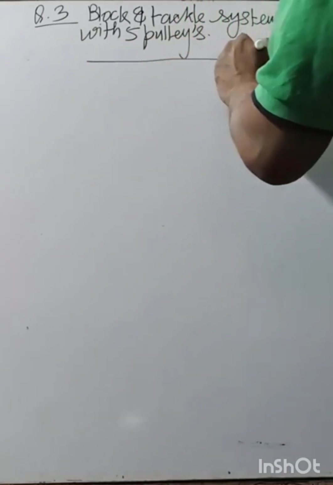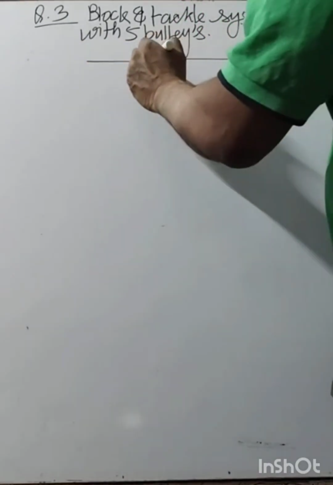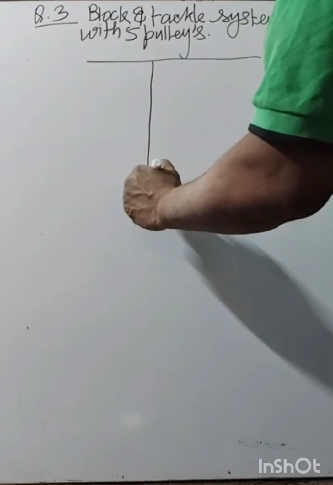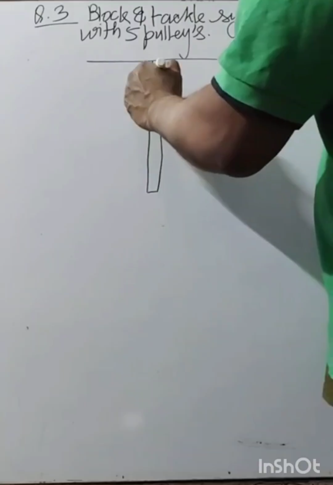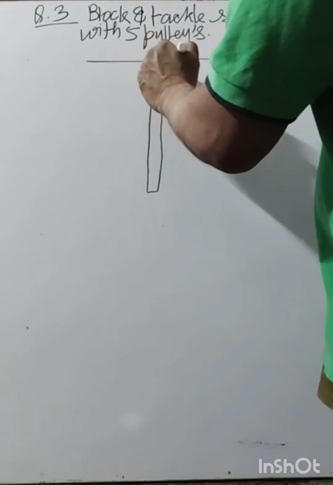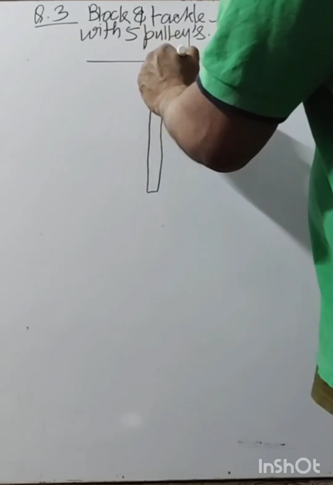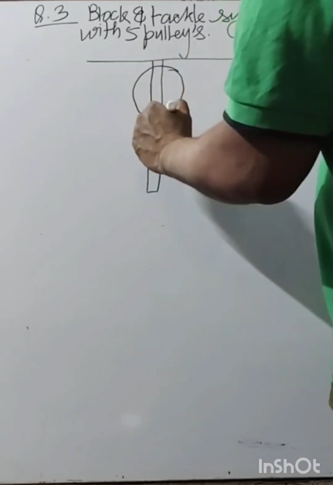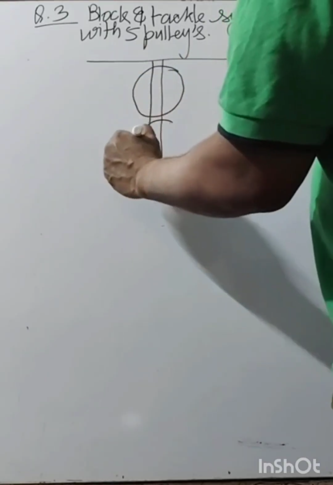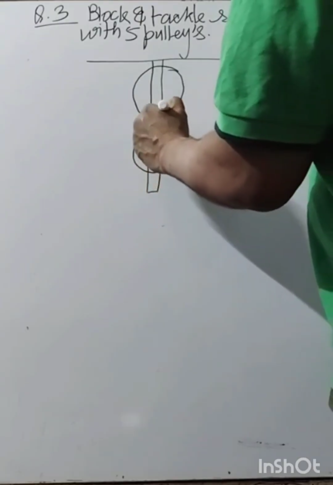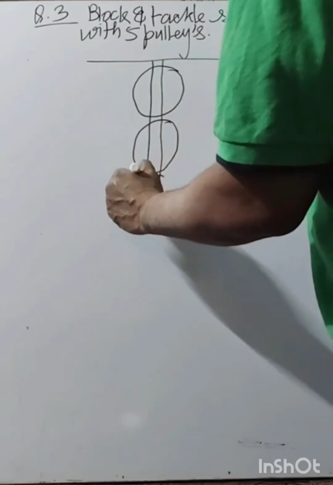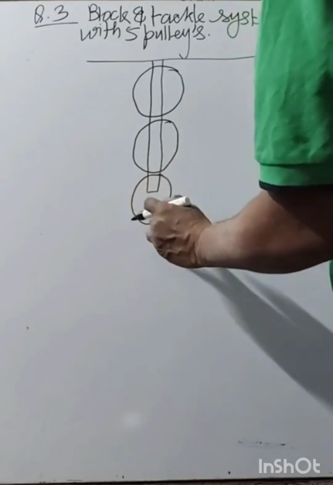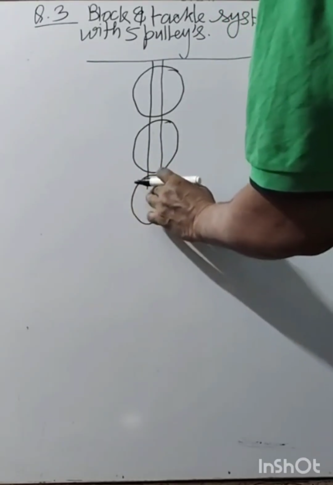This is the fixed surface. We have one pulley like this, another one like this, third one like this.